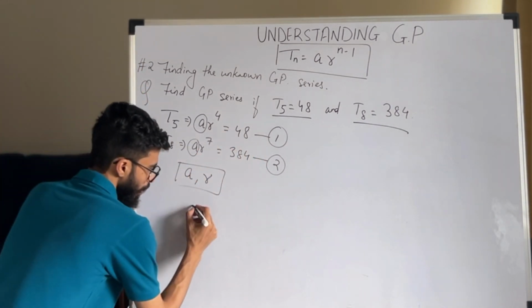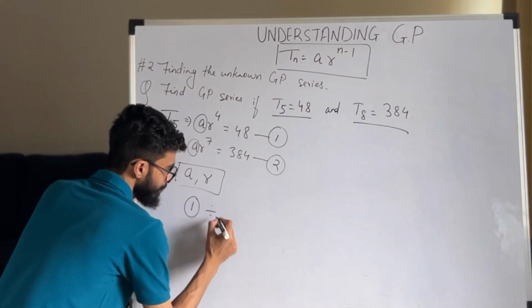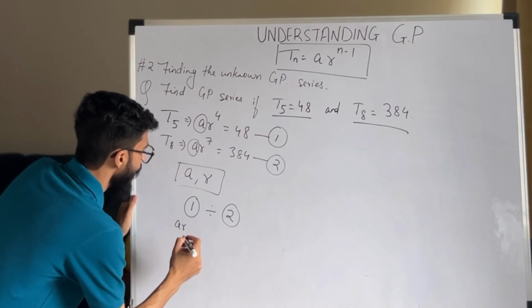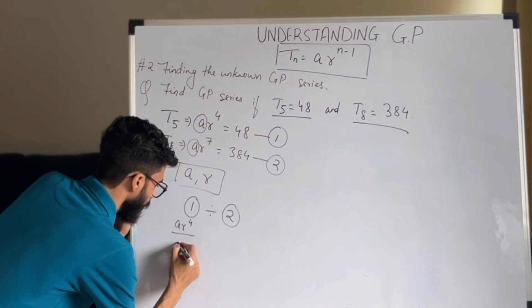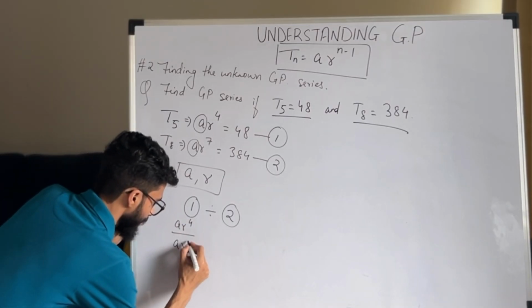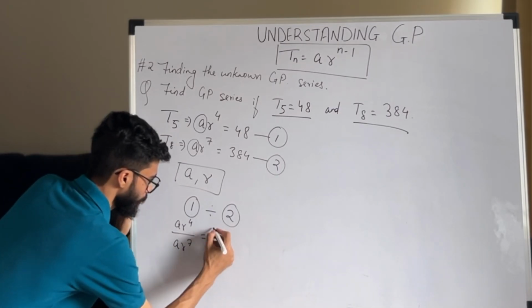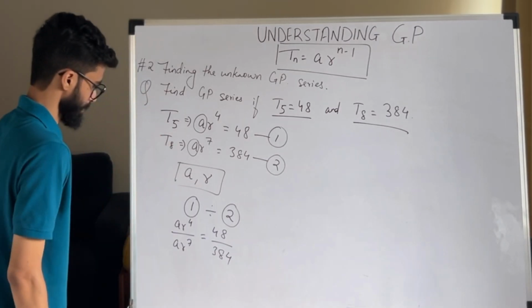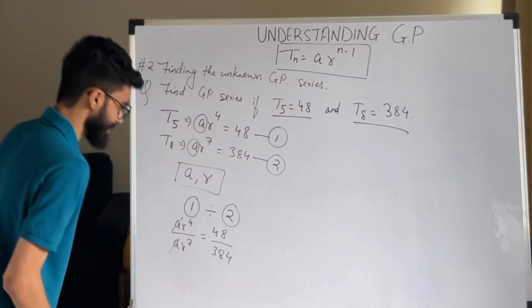So if I do 1 divided by 2, A R raised to 4 upon A R raised to 7 equals 48 by 384. A and A get cancelled.